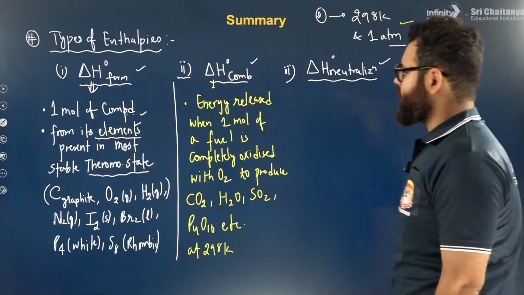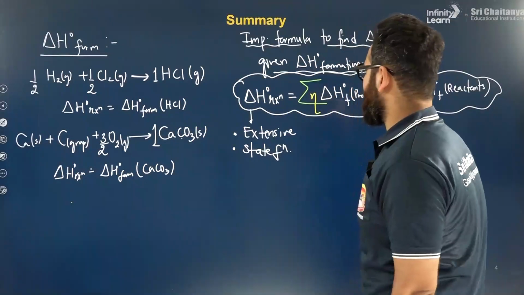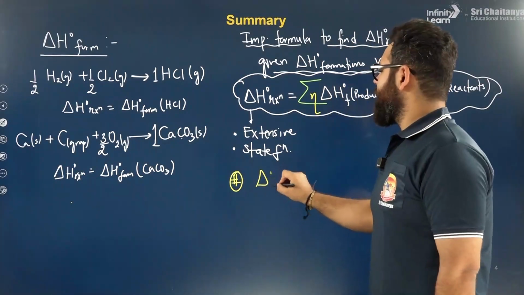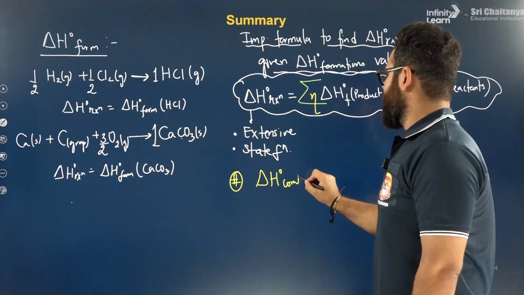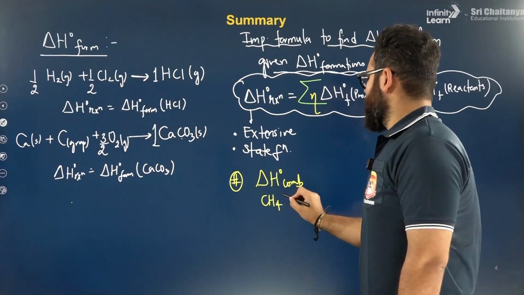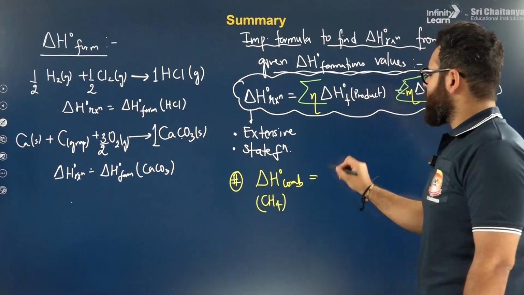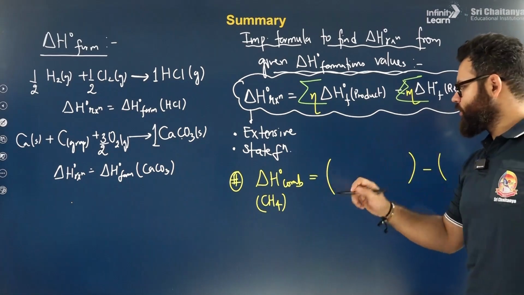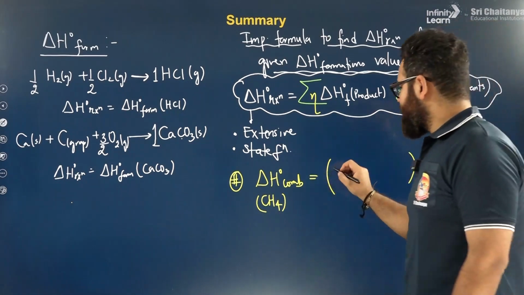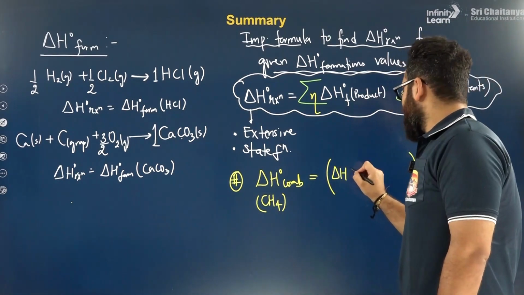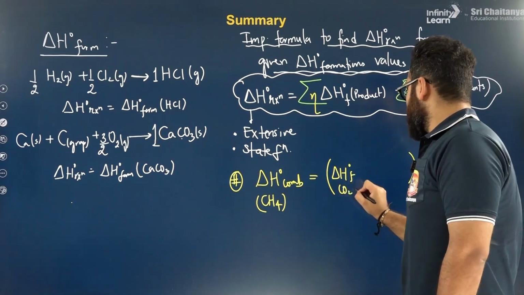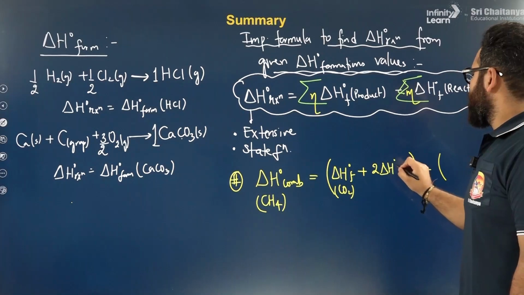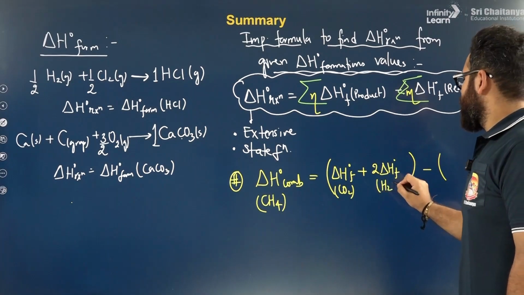So can I write it as one example saying that here I am writing delta H combustion of CH4 is nothing but on the right hand side after combustion we produced 1 CO2. So we'll say 1 time delta H formation CO2 plus 2 water we produced, delta H formation 2 times H2O.